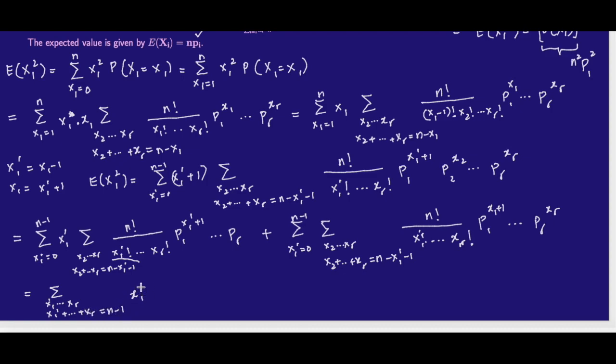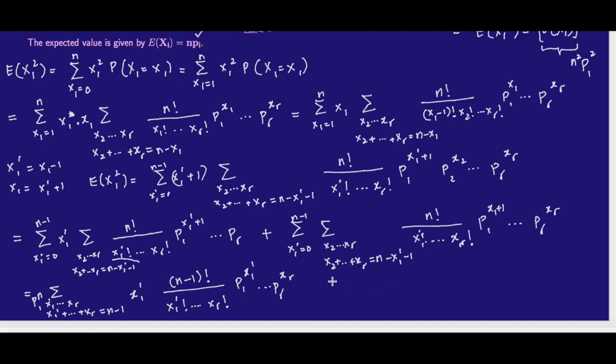I'll write n factorial as n times n minus 1 factorial, divided by x1 prime factorial up to xr factorial, and from here I'm going to take this p1 out as well. So n p1 times the sum, and then this becomes p1 to the x1 prime up to pr to the xr.